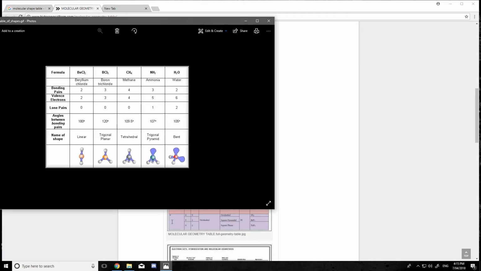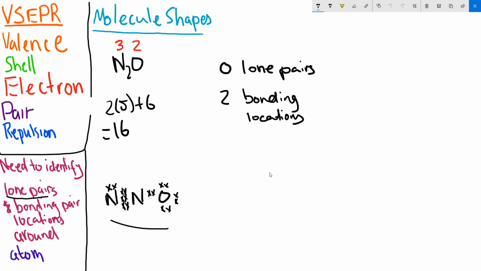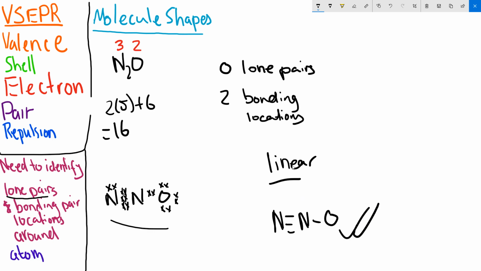If I go back to my table, a molecule that has 2 bonding pairs and 0 lone pairs is a linear structure. So my molecule will be a linear shape, and I can draw it by simply going a triple bond here with nitrogen and oxygen there. That is my correct answer for the linear molecule.